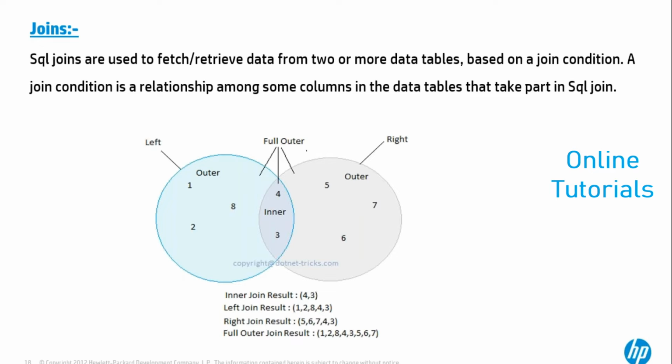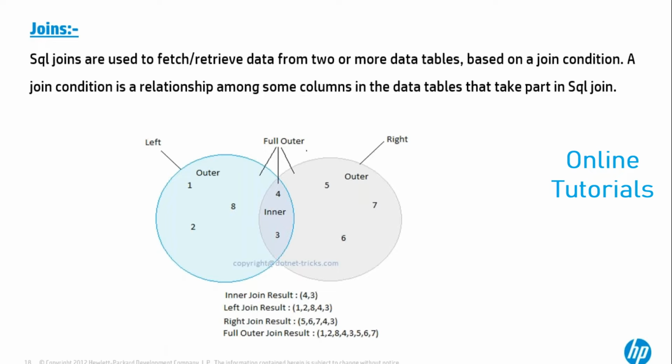So we are going with the joins. What do I mean by join? A join is if you have two different tables and you want to merge them, to combine the data.